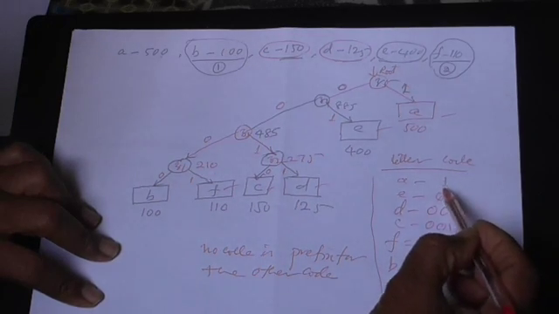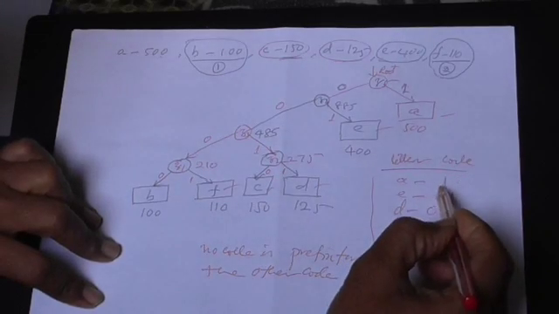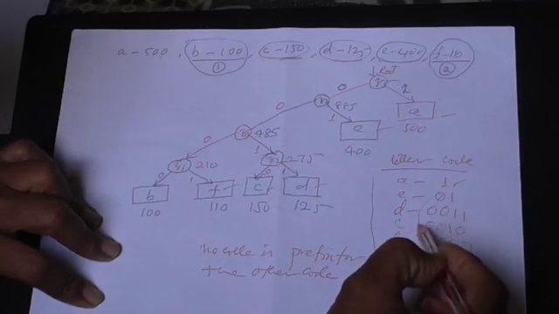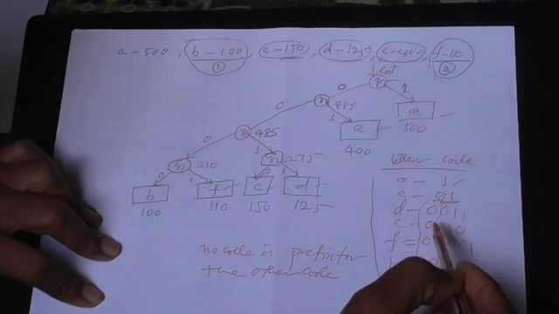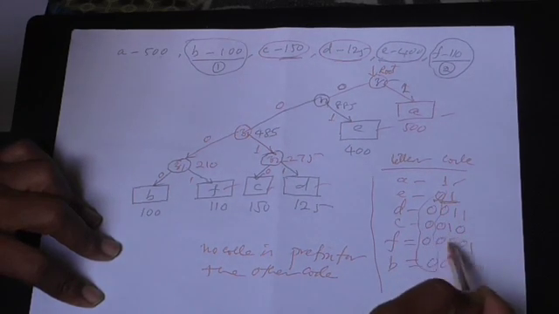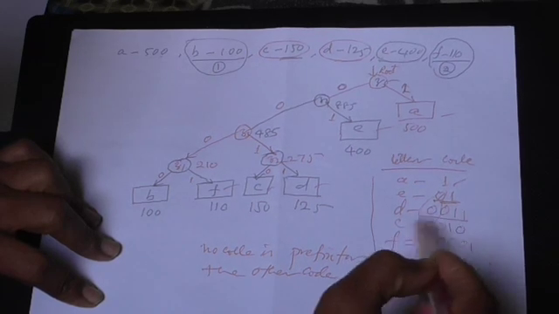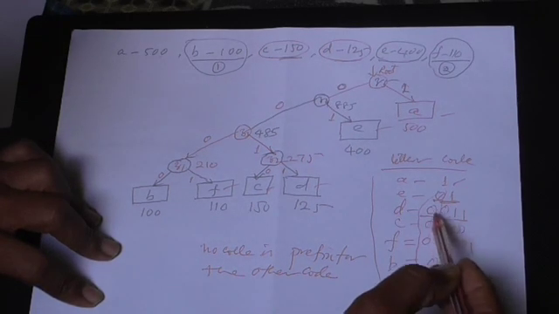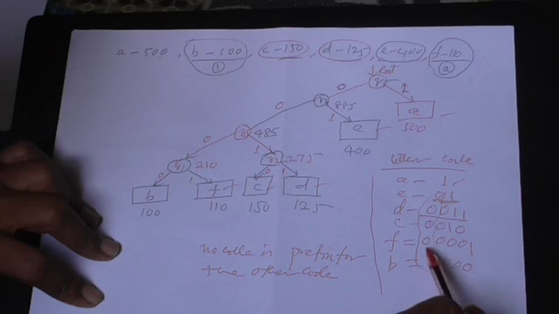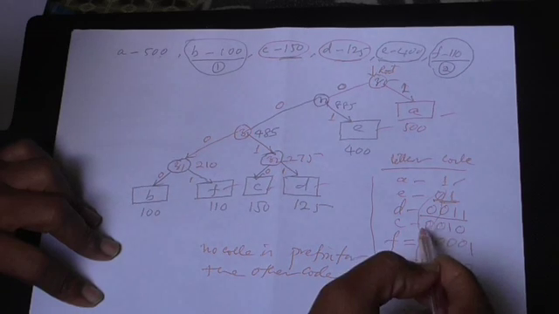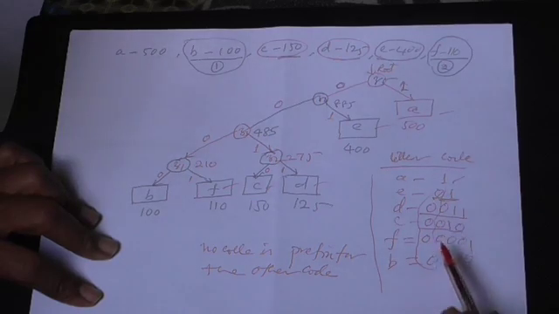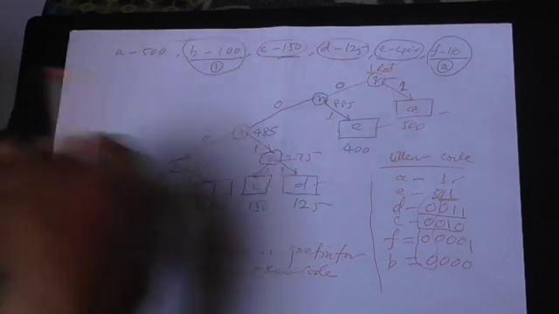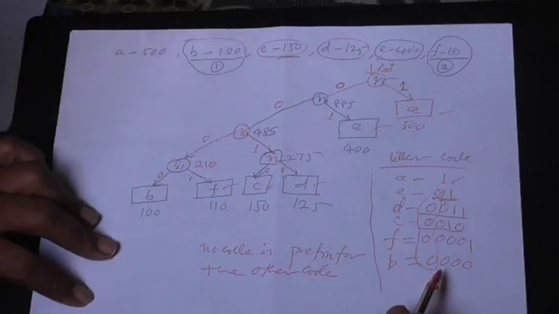Observe that this is 1, and none of the codes is beginning with 1. And this is 0, 1, and none of the codes is beginning with 0, 1. And this is the code for D, and none of the codes is beginning with 0, 0, 1, 1. And this is for this, 0, 0, 1, 0. So this clearly says that you can encode any text without much confusion.